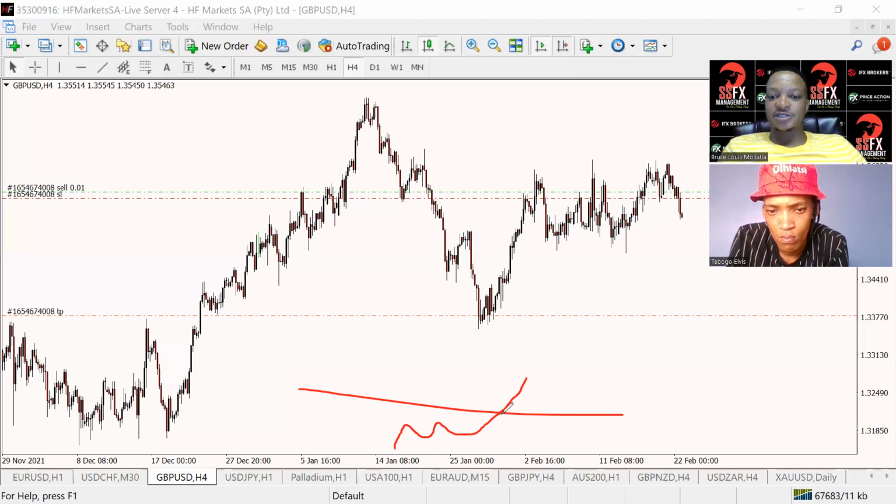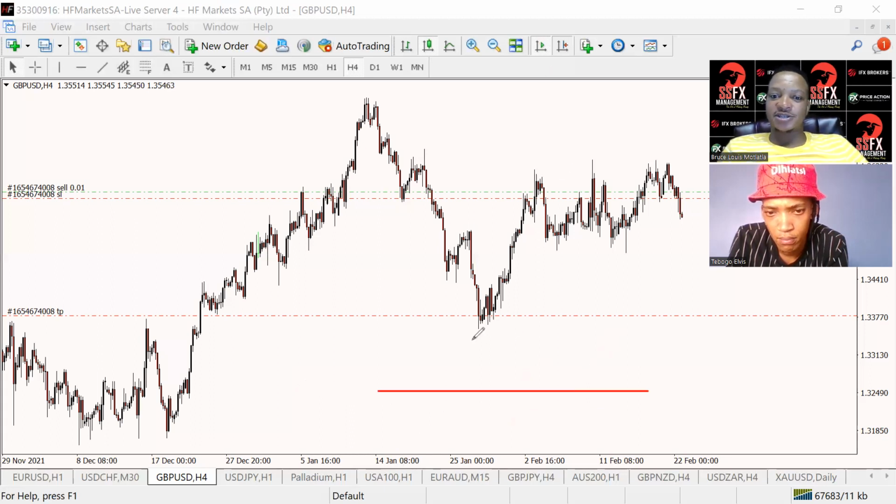After it breaks that, this is your breakout here. Price should go back to test this before it continues going up. Simple as that. This is your resistance, your support. Price is there, breaks here, it should go back before it continues going down. These rules are simple. If you can master that, very, very simple.